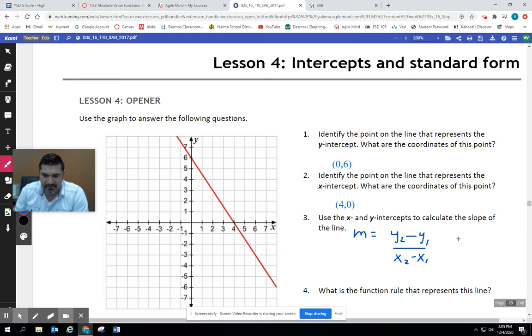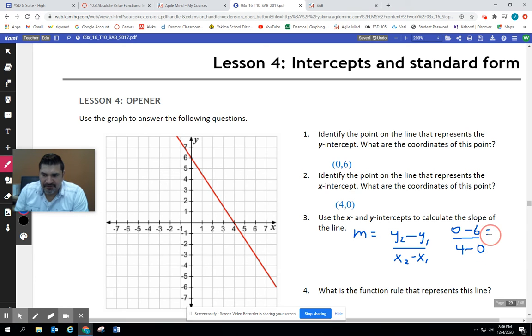So y2 is 0 minus the first y, which is 6, over x2, which is, here's our second coordinate. This is the x, x2. So this is 4 minus x1, which is right there, 0.